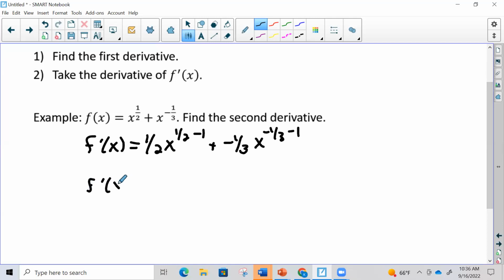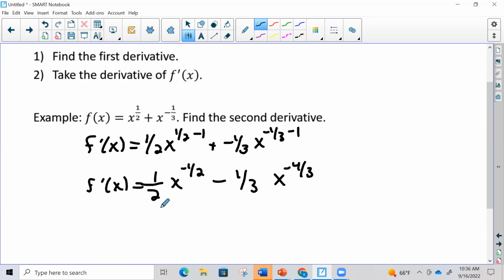And I recommend possibly writing these out, especially with fractional exponents or negative exponents, because students tend to easily make mistakes with this. So we get 1/2 x, and then 1/2 minus 1 is -1/2, minus 1/3 x, and then -1/3 minus 1 is like -1/3 minus 3/3, and so that's -4/3. So that's my first derivative.